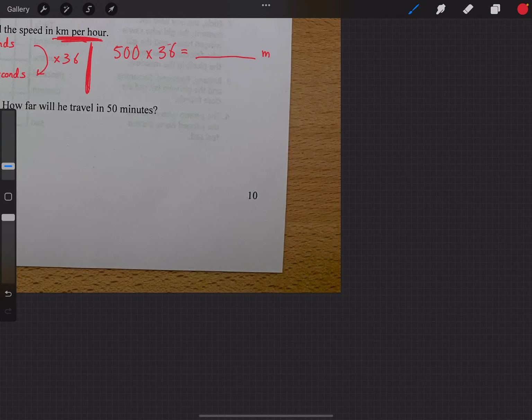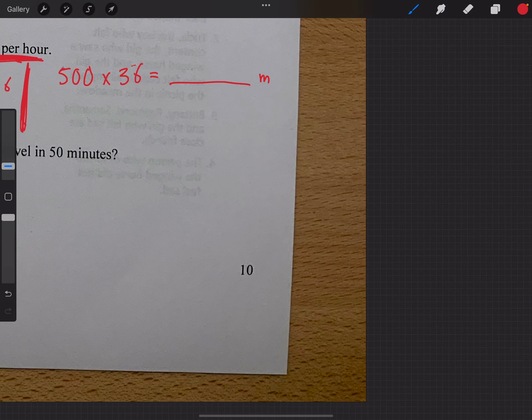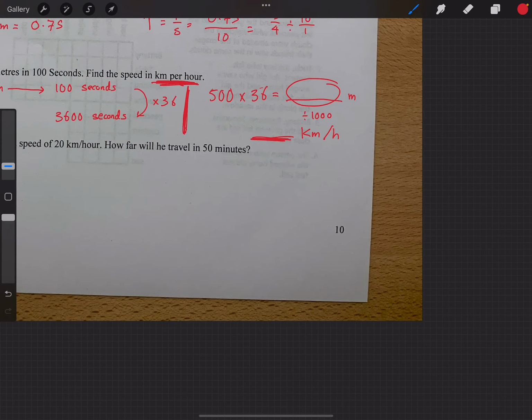Then you need to change it to kilometers. So take this number and divide it by 1,000, and then you will get it in kilometers. So some value there, it'll be kilometers per hour. And that's your answer there.